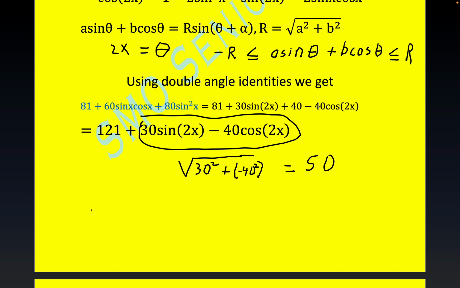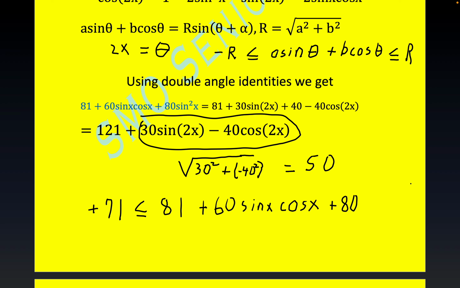So what we get is 71 is less than or equal to the expression we're working on, 81 plus 60 sine x cosine x plus 80 sine squared x, which is less than or equal to 50 plus that number.